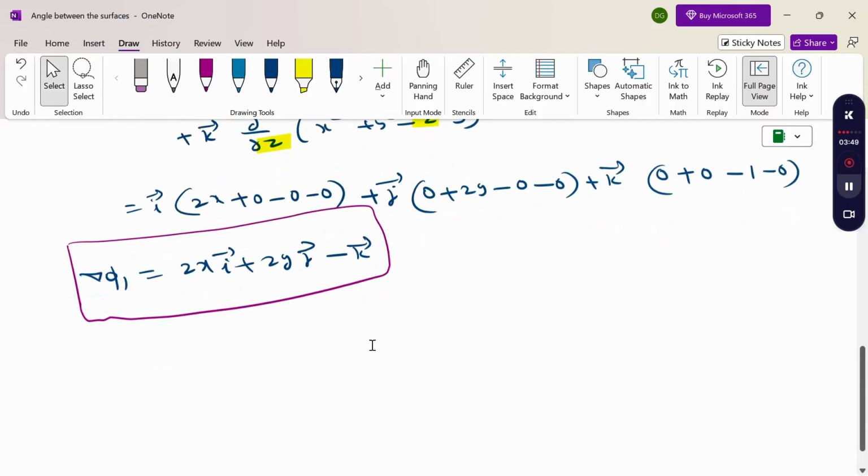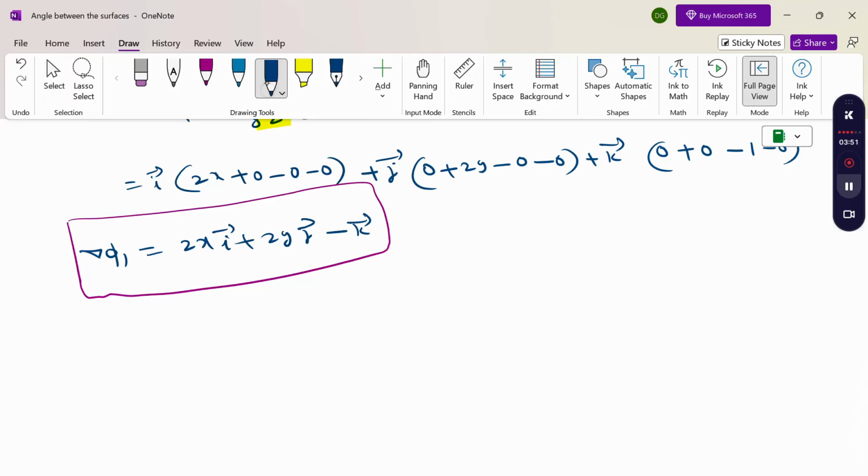Now to calculate the modulus of del phi 1, before that we substitute the point.